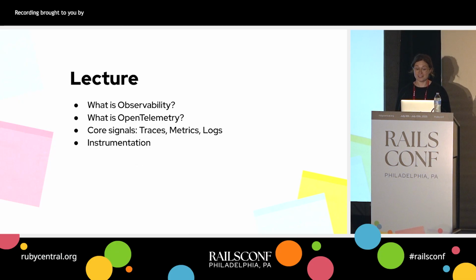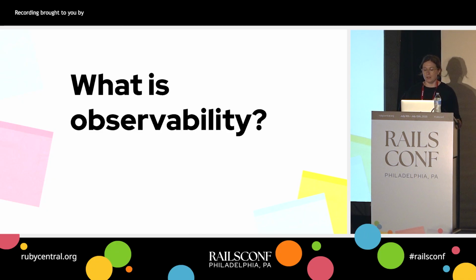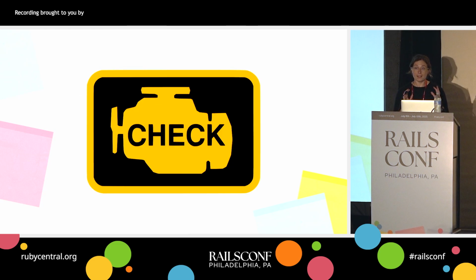All right, so let's get into the lecture terms part. So the first thing is, what is observability? I like to use this example of a car. So you can be driving a car and maybe your check engine light comes on. And that's usually cause for some sort of concern. You want to know more.